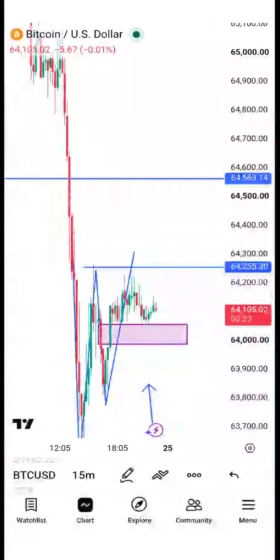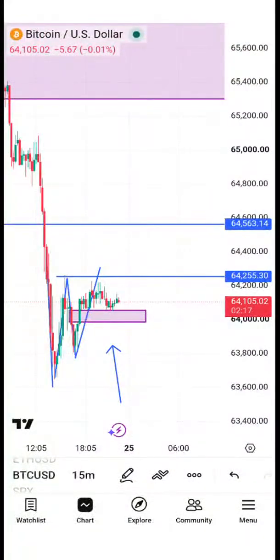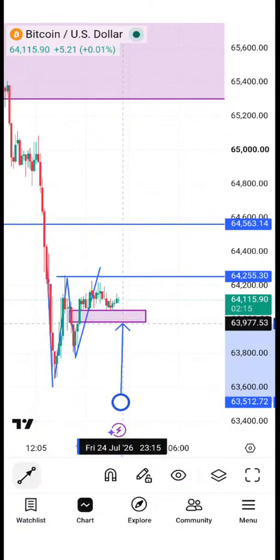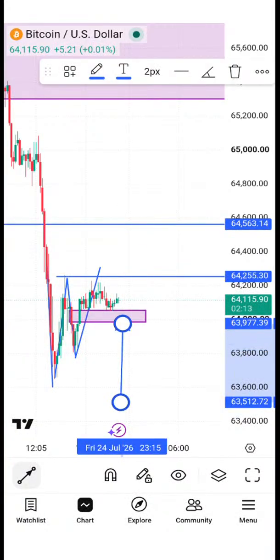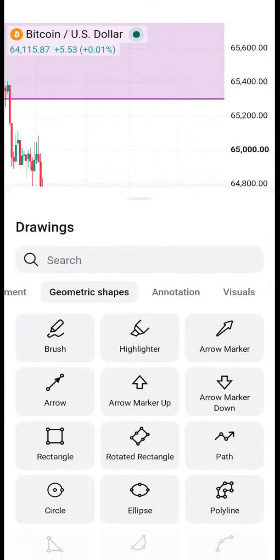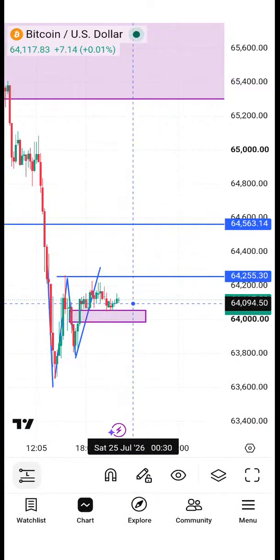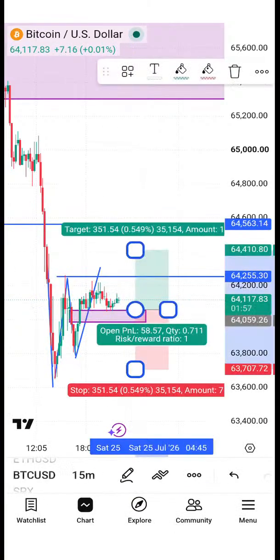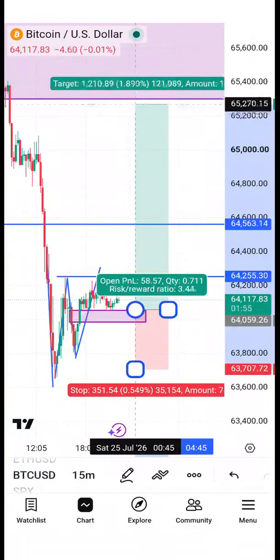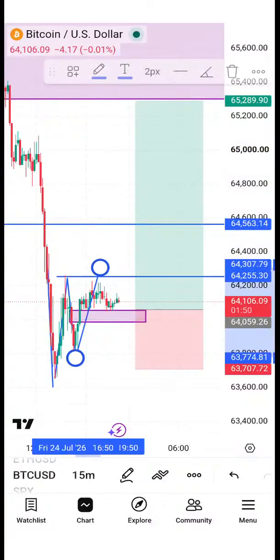So meaning we are looking for a buy opportunity. We're expecting the market to shoot up. We're waiting for market to shoot up to this area. Patiently waiting.